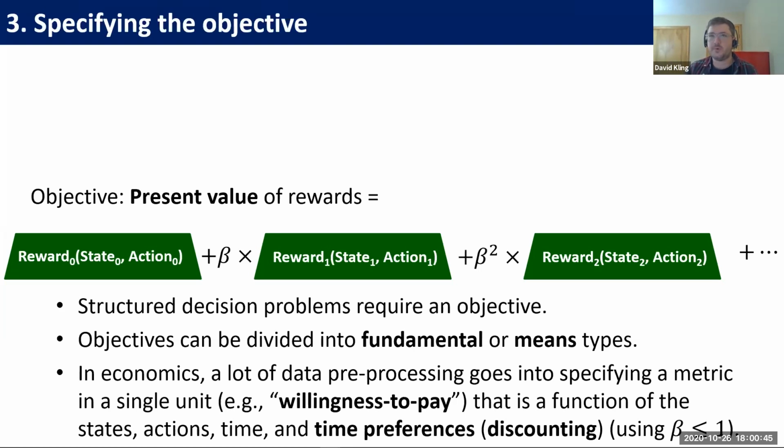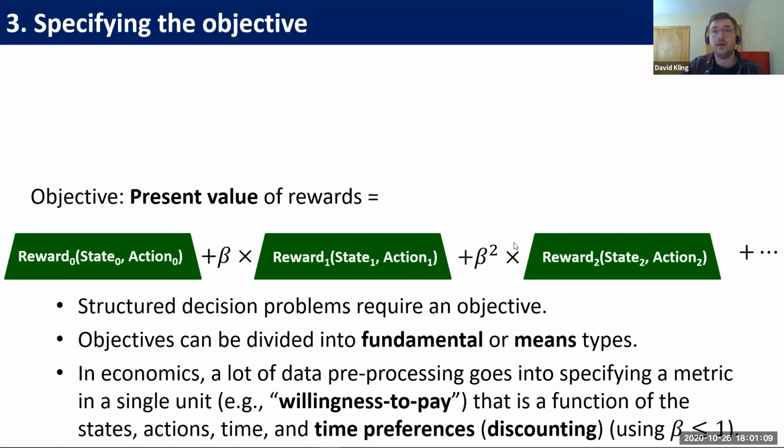And you can translate that principle to benefits of conservation, costs of different actions. And as time moves forward, because this beta is less than 1, squaring it is even smaller, an even smaller multiplier here, and you weight rewards progressively less in the future.